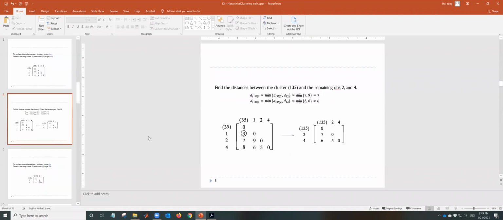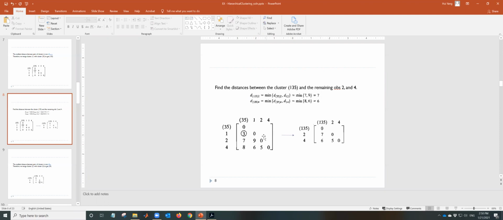Now we find the distance between cluster 1, 3, 5 and the remaining observations 2 and 4. 3, 5 to 2 is 7 and 1 to 2 is 9. 3, 5 to 4 is 8 and 1 to 4 is 6.